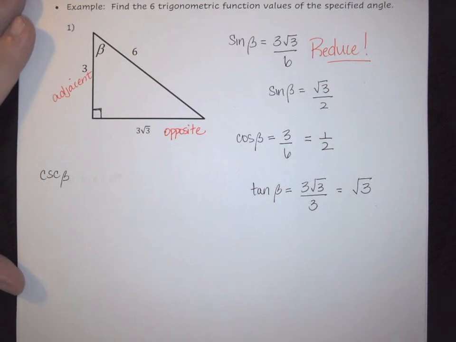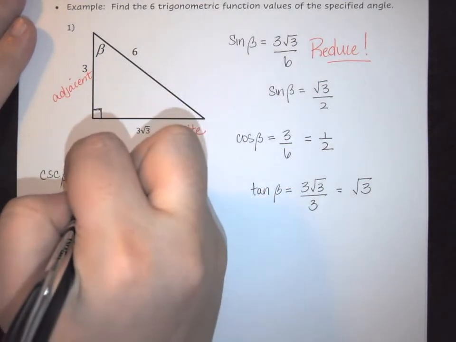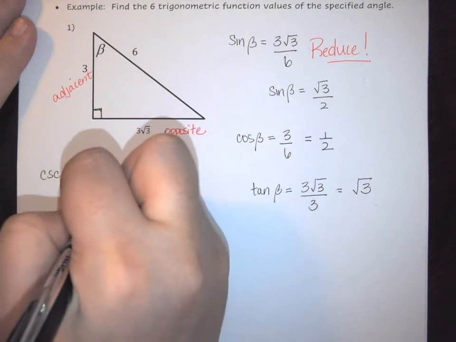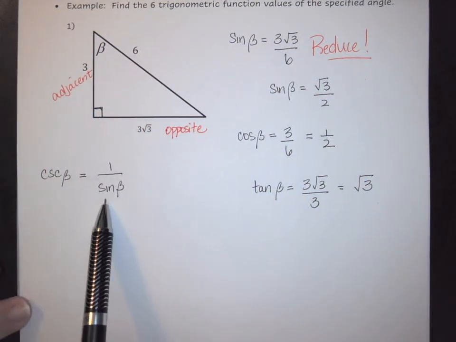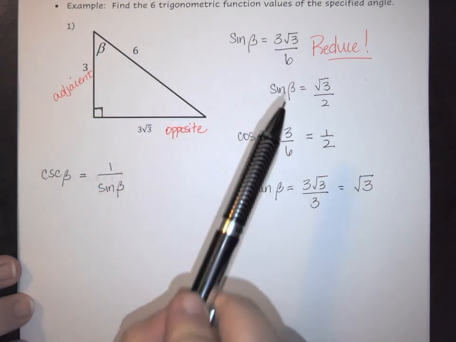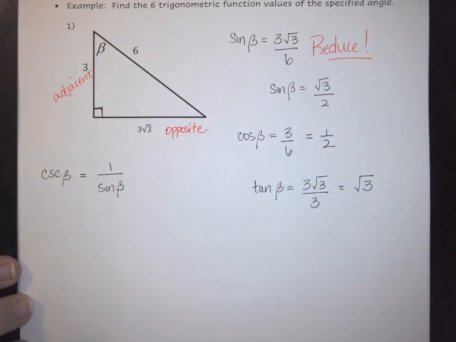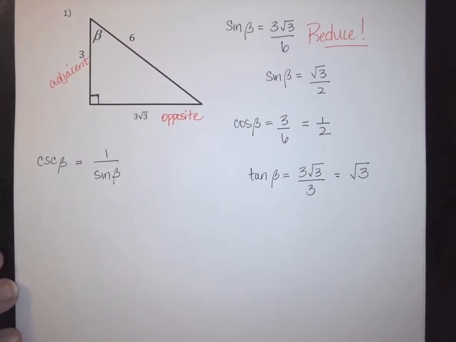One thing we know about the cosecant of beta is that it is the same as 1 over the sine of beta. So I'm going to show you how to use the triangle to find it, and then we're going to look at how to use the sine to find it. And then it's your choice on what method you like the best or how you wish to approach your trigs.